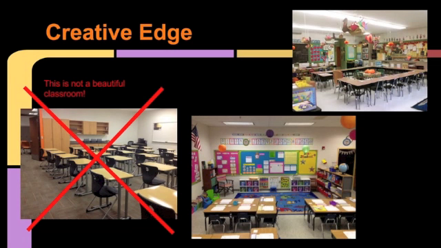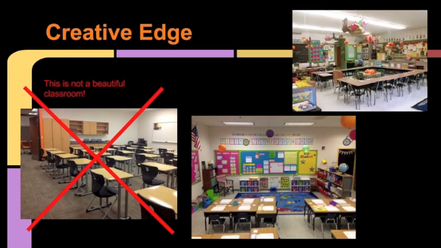So instead of having all the tables singly in rows, maybe consider organizing your desks in clusters or small groups, like the picture at the bottom, where you can see that students are all facing inwards toward the center of the table, where they would have the opportunity to do that.